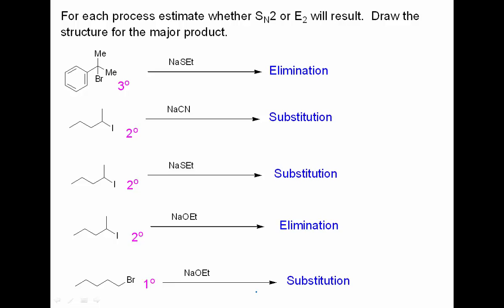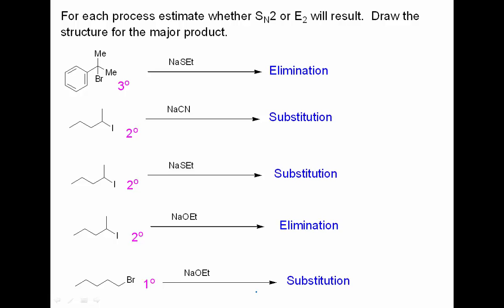Our fate here is that with the tertiary, any nucleophile with any degree of basicity is going to give elimination. With a secondary, we're going to see substitution primarily with the more nucleophilic, less basic species.